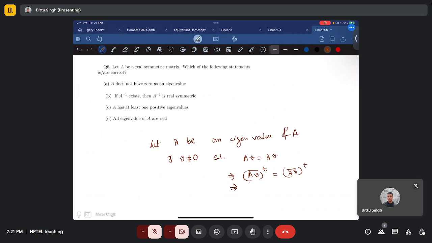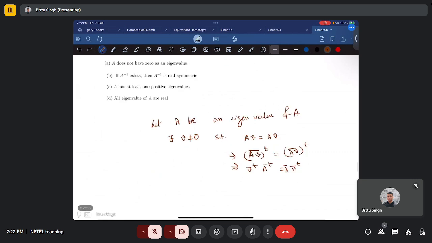So again, conjugation also behaves similar to applying transpose. So this is V bar transpose, then A bar transpose, which is the same as V bar transpose, then lambda bar. But lambda bar is a scalar, so it is just multiplying with lambda bar. You can think of lambda bar as a 1 by 1 matrix.